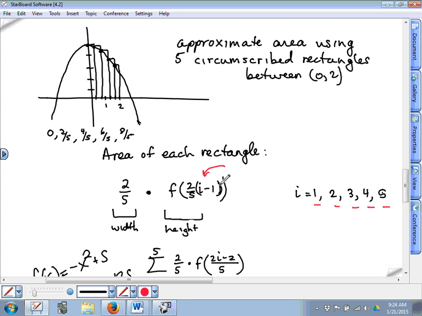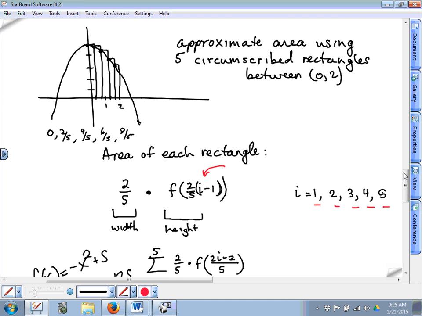That's why we have to have an i minus 1. That's going to turn the input into 0. Shouldn't the first input be 0? Now, this 2/5 happens because each interval is just a multiple of 2/5, because each width is 2/5, right? You guys following? So the next interval would be 4/5, 6/5, and what is that? 8/5. Those are all of our inputs we're plugging into the function.